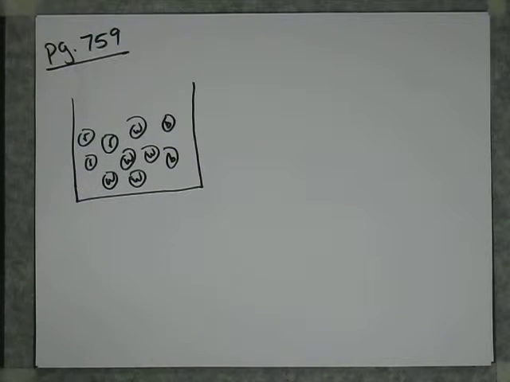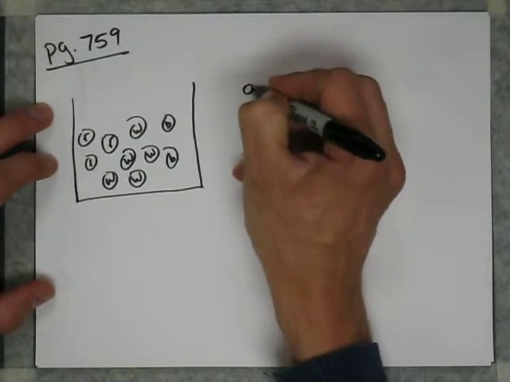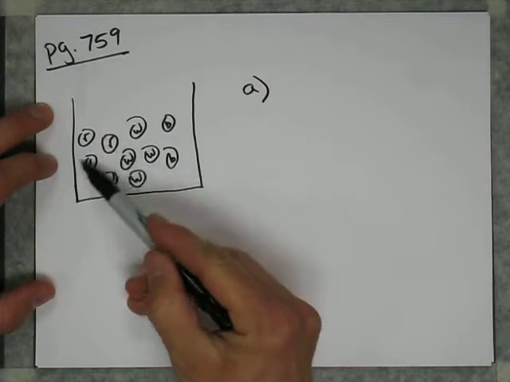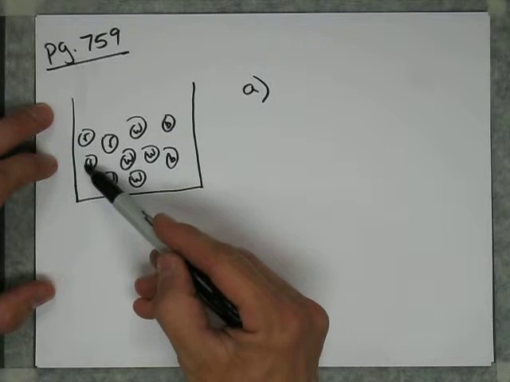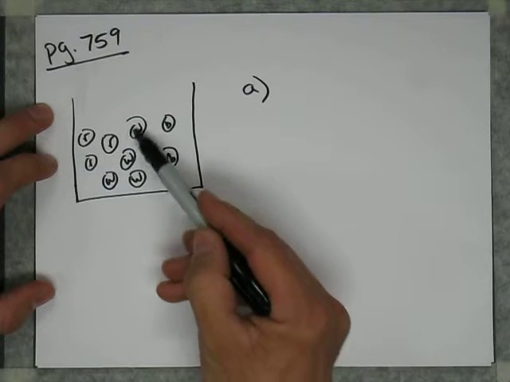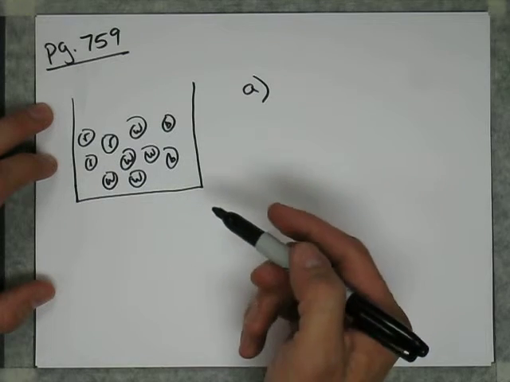And then 2 blue. Now, a single marble is drawn from a bag containing 3 red, 5 white, and 2 blue marbles. Find the probability of each event. Now, A says a red or blue marble is drawn. So what's the probability of a red or a blue? We look at the set: there's 1, 2, 3, 4, 5, 6, 7, 8, 9, 10 marbles.